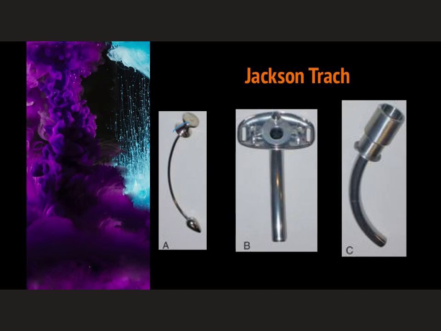Oftentimes, patients who have, even if it's not the silver metal trach, the Jackson trach, if they have non-disposable inner cannulas, they're going to have more than one. That way, if you take this out and clean it, you can put one in before you clean the other one. So these are non-disposable. You can see it's cuffless.